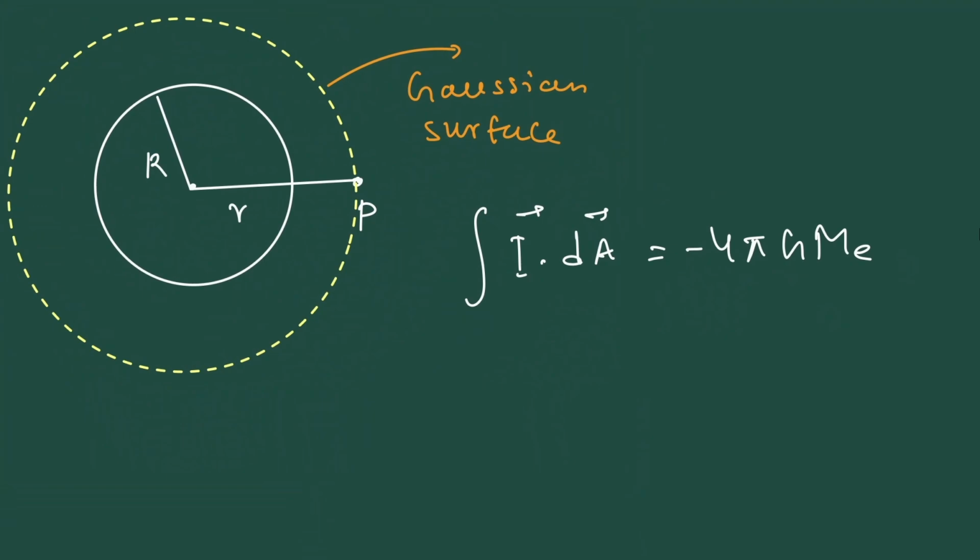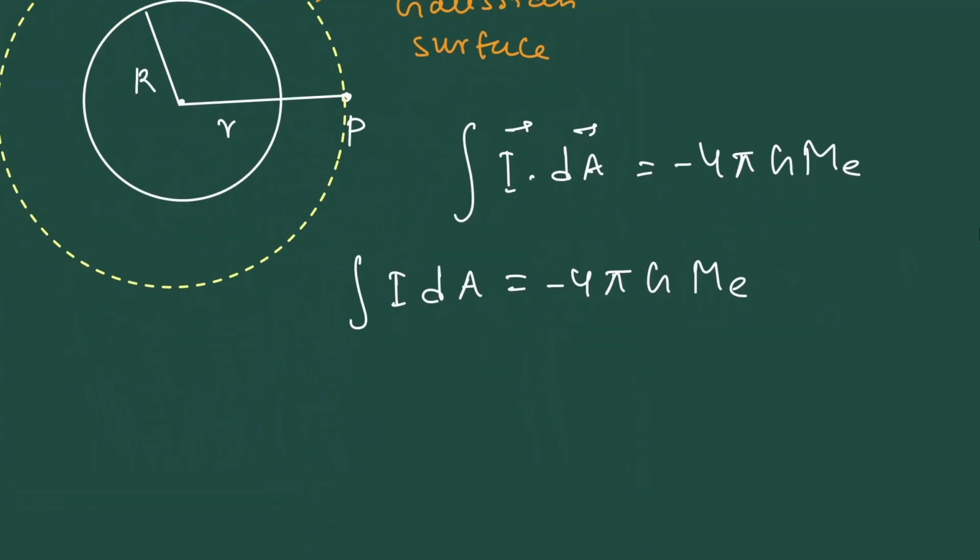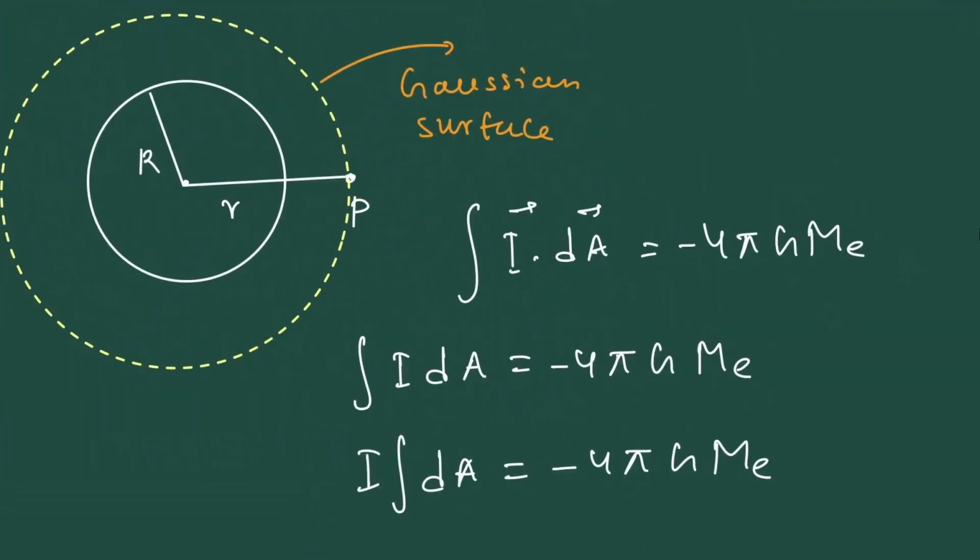So what about this integral now? Well, this integral can now just be written as the integral of I dA equals minus 4 pi g times mass enclosed. I can pull the I outside of this integral and we'll have the integral of dA equals 4 pi g times mass enclosed. Well, dA is just the elemental area of this Gaussian sphere.